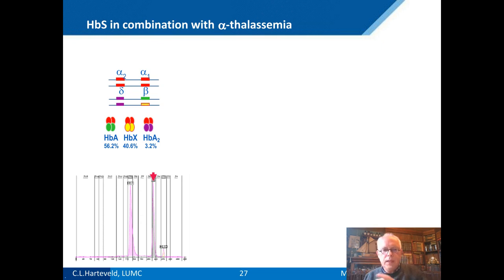Now, alpha thalassemia is one of those thalassemias you can identify easily in a carrier of S almost without doing DNA analysis. So if you look at the normal S carrier, usually the hemoglobin S is about 40%.